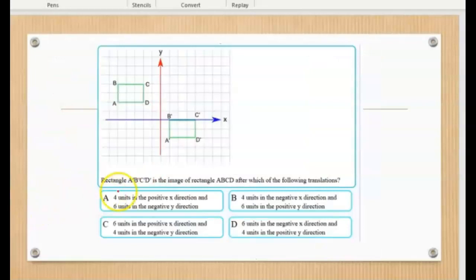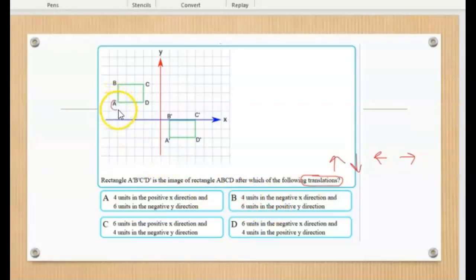All right, rectangle ABCD prime is the image of rectangle ABCD. After which of the following translations? So they're telling you it's a translation. Remember, a translation just goes up, down, left, or right. We have to figure out what it did. I honestly feel like the easiest way is to focus on one point.